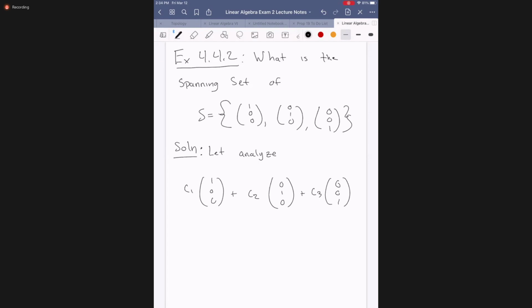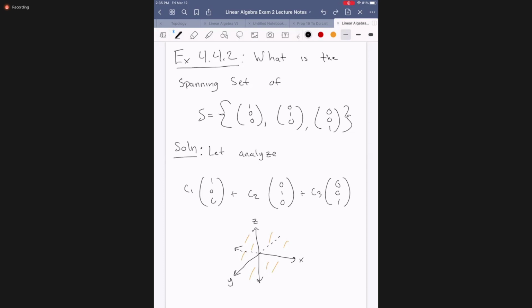So if you draw your XYZ plane, so this is Z, say this is X and this is Y, this thing is just going to be all of that. It's literally going to be the entire 3D space. And you can see this, right?